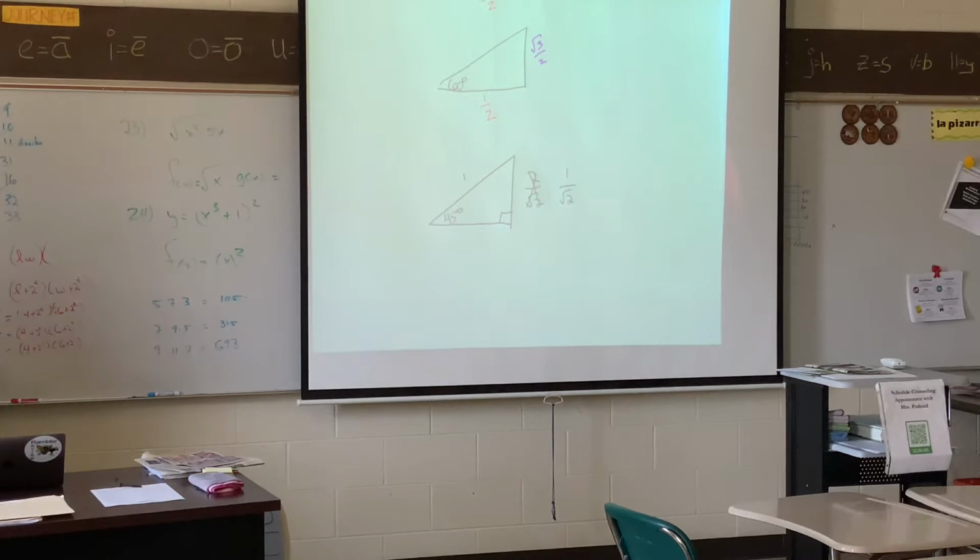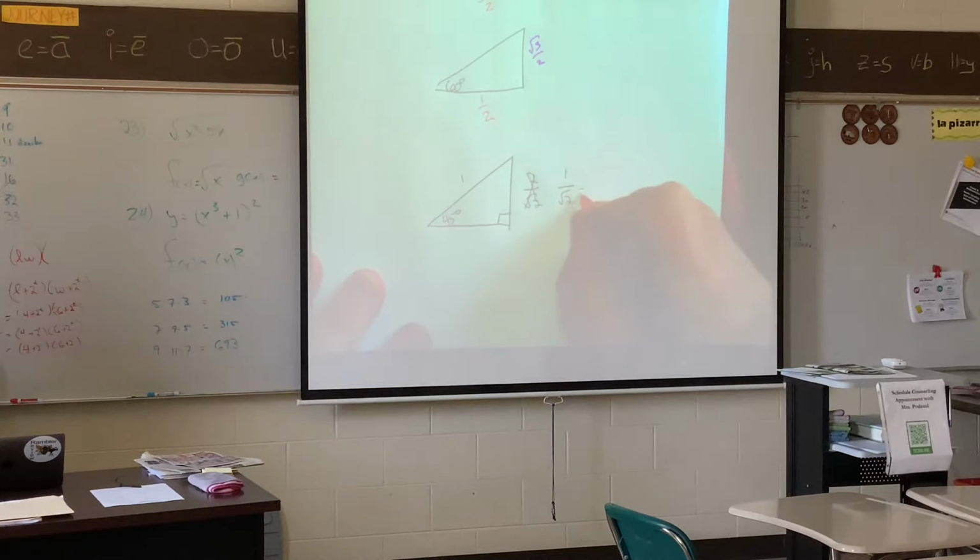Okay. Now we can't have a radical sign in the bottom. Did we talk about how to pump this up to the top? Yeah, the cheerleader method. So that's the square root of 2 over 2.